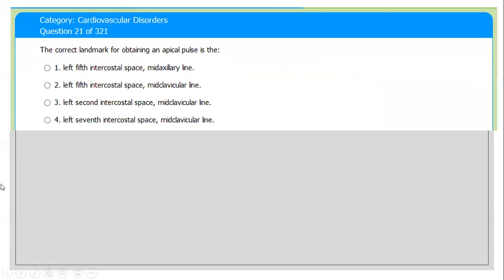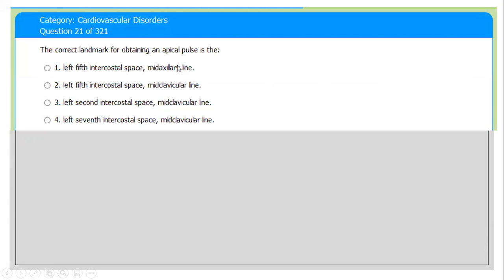Next question here: the correct landmark for obtaining the apical pulse is. Number 1, left fifth intercostal space, mid-axillary line, right?